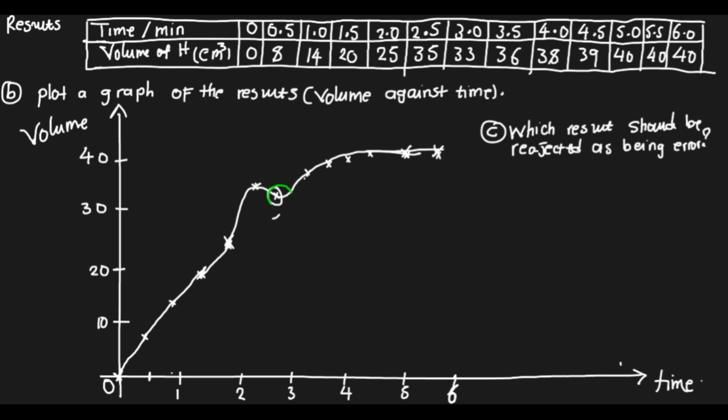This is our error, and the reason is we can see here the reaction is moving up, then it comes down here. So we cannot say that the reaction was moving at a greater speed, then decreases and also starts to increase. There is no such thing.